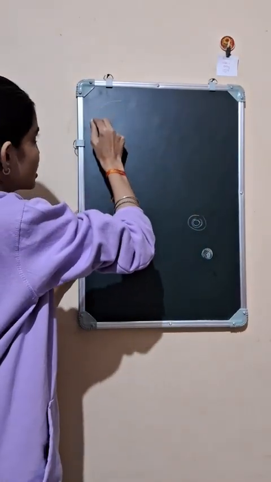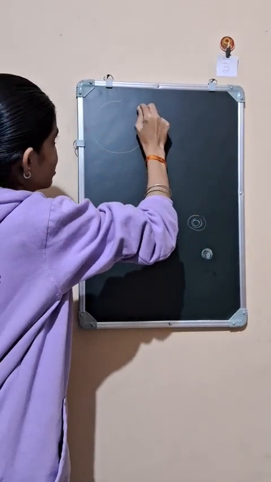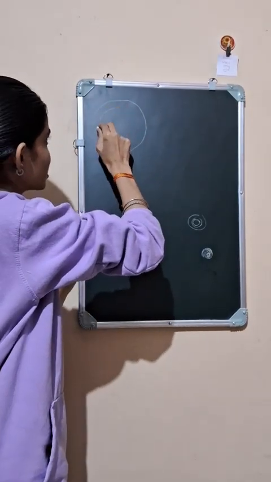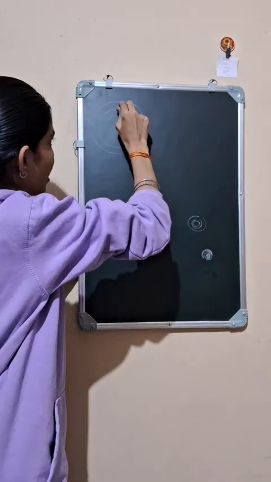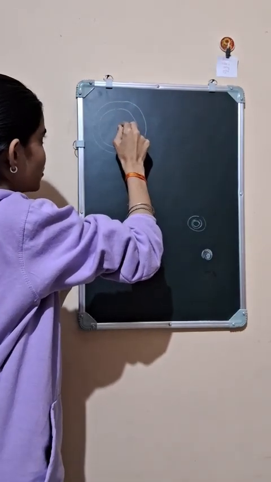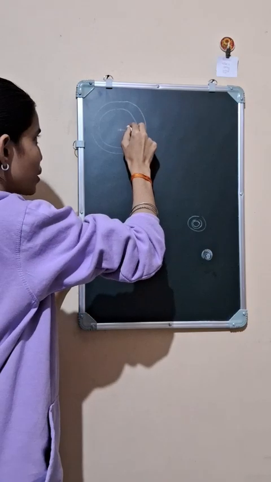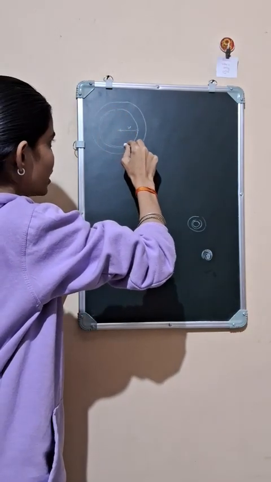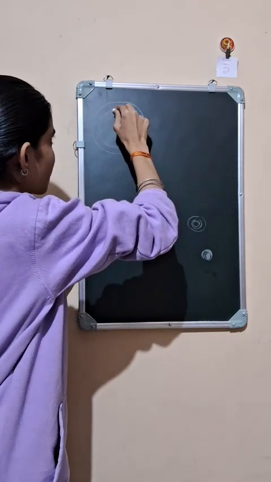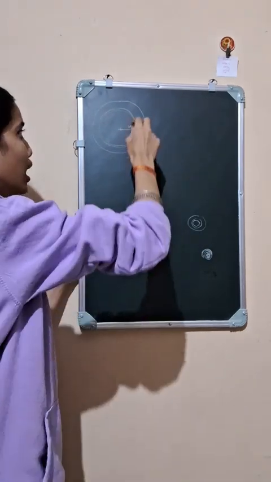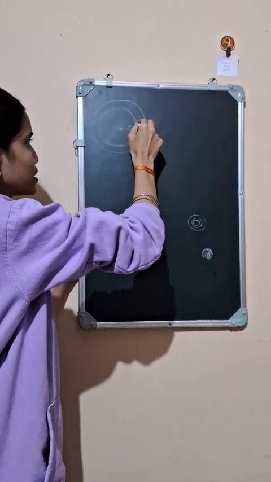So consider this as a solid sphere. Suppose there is a spherical shell at some distance x from the center of this sphere, and obviously this will have some thickness which is negligible, and let us call this dx.